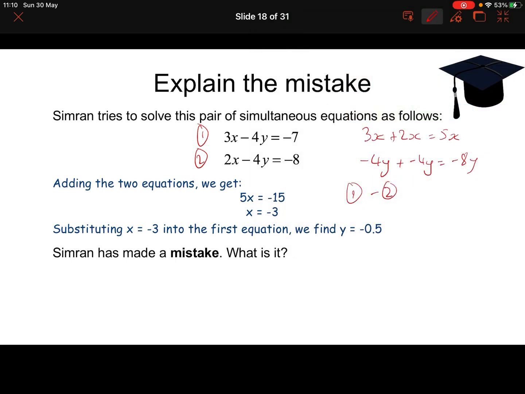Because then I'll get 3x minus 2x is just an x. You're going to get minus 4y minus minus 4y, which becomes minus 4y plus 4y, which is nothing. And then you're going to get minus 7 minus 8. So that becomes x equals 1.